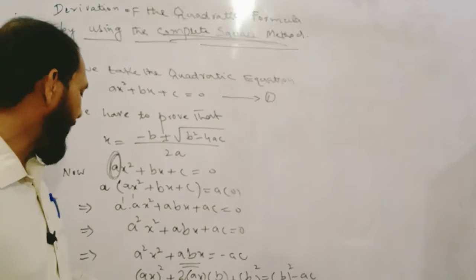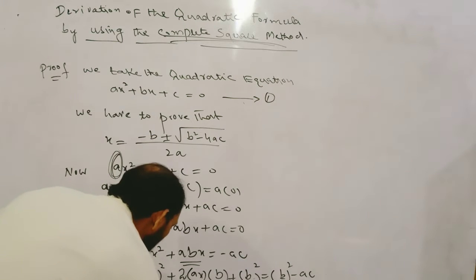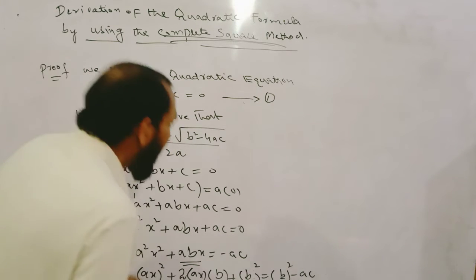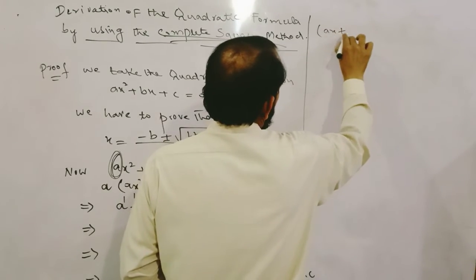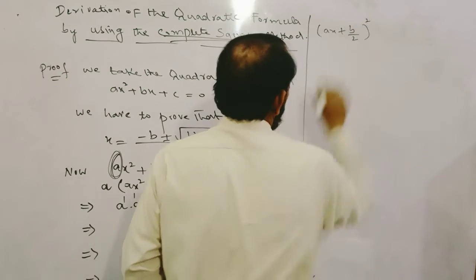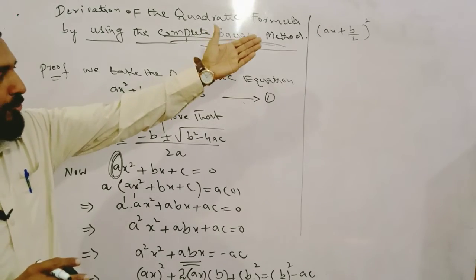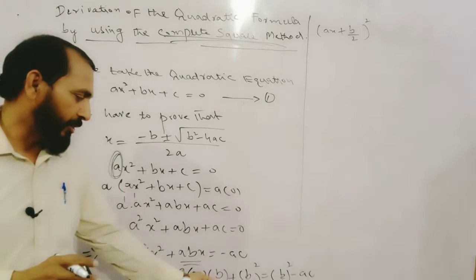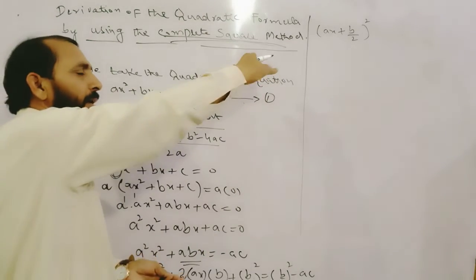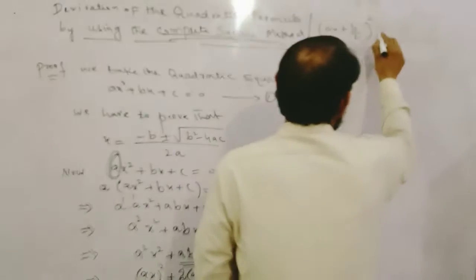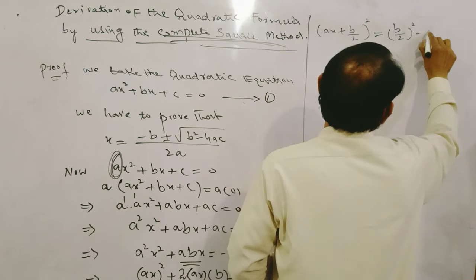So we can write ax plus b over 2 whole square. If we expand ax plus b over 2 square, then we have this value, which is equal to b square over 4 minus ac.